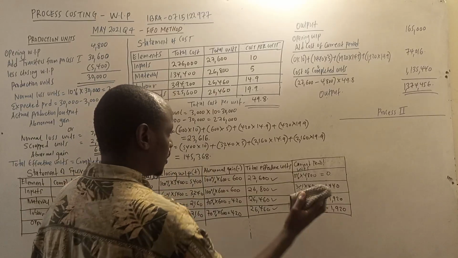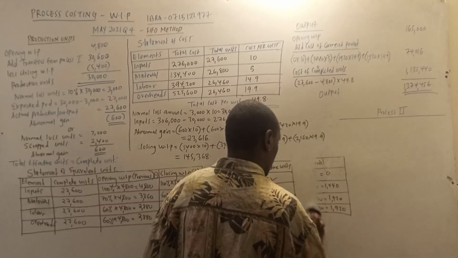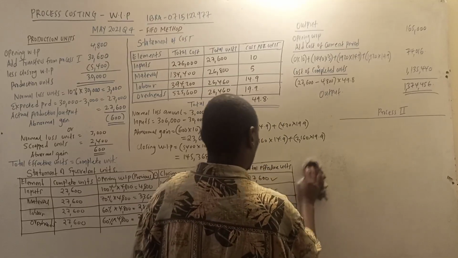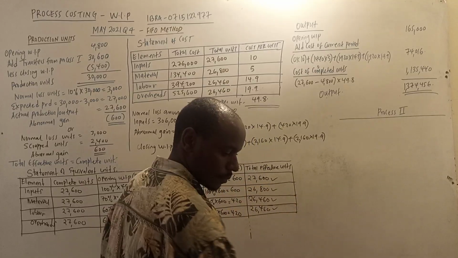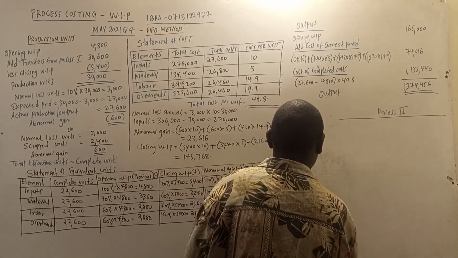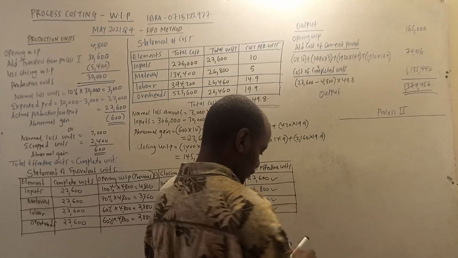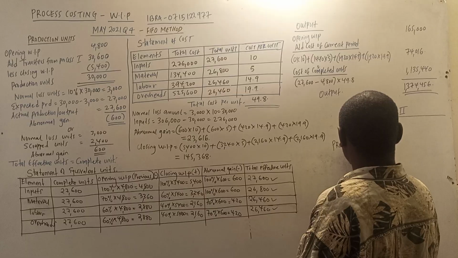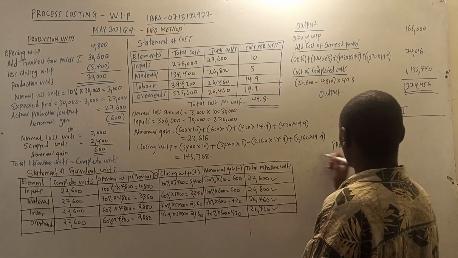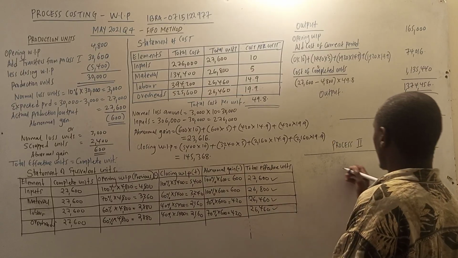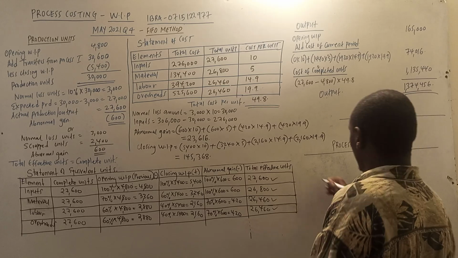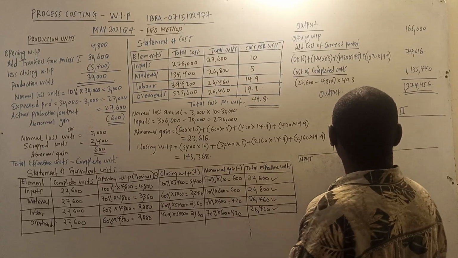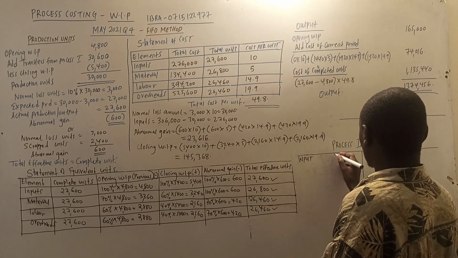So allow me to wrap this part, the current period. Let me prepare it here. Process 2. So start with the input, the opening 165,000.